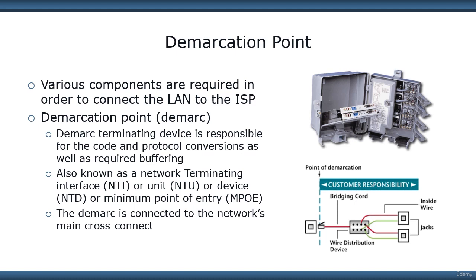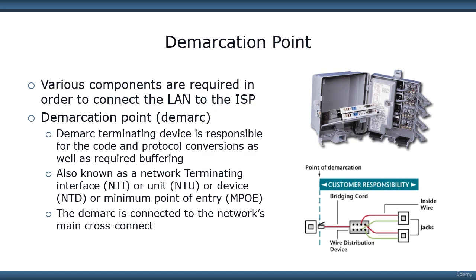Okay. Now these have gone by different names. Network terminating interface, NTI, network terminating unit, network terminating device, minimum point of entry. They all mean the same thing. It's the demarcation point. And the demarcation point is connected to the network's main cross connect, which would be a switch that then allows access into the rest of the network.